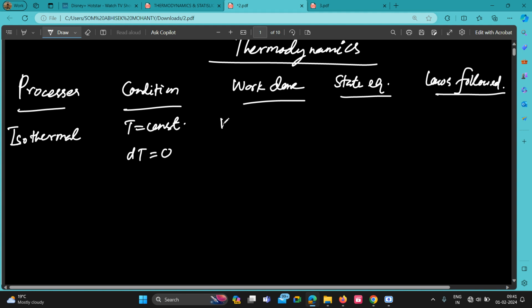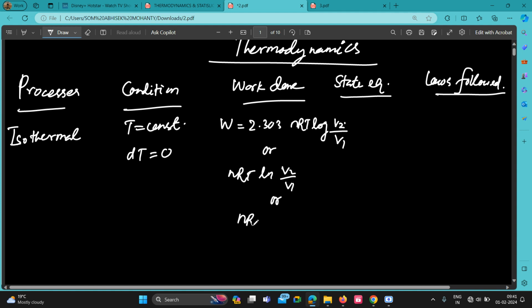So work done is 2.303 nRT log V2 by V1, or nRT ln V2 by V1, or nRT ln P1 by P2.